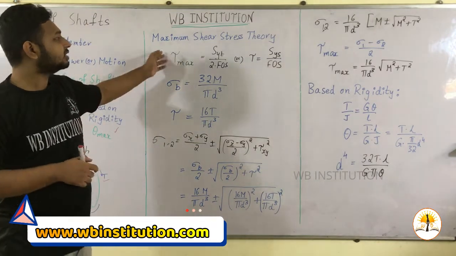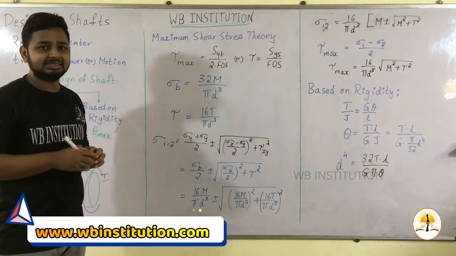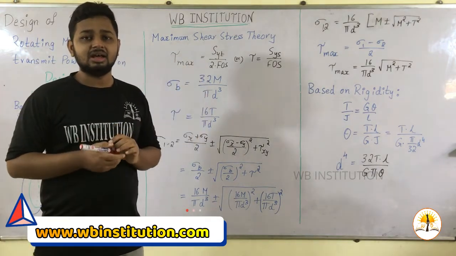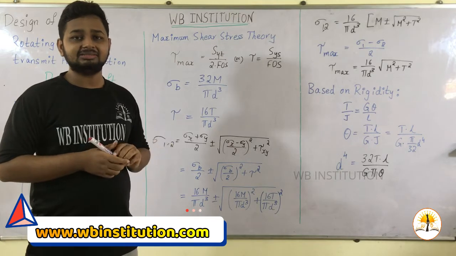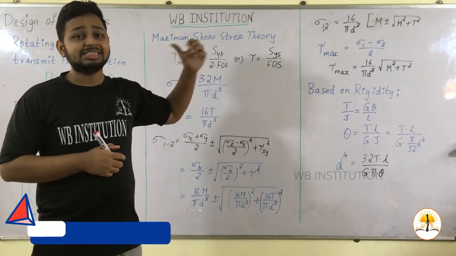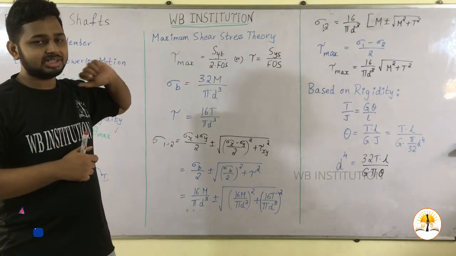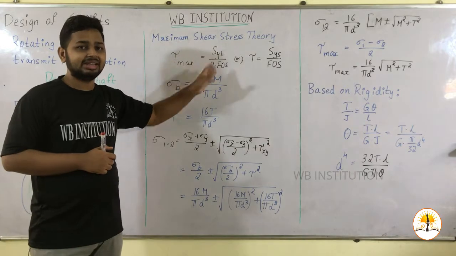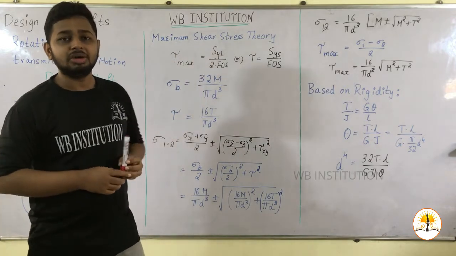Now, according to the maximum shear stress theory, the machine element will fail when the maximum shear stress equals the yield strength of the specimen, as we have seen in the theories of failure. That equation is given as tau max equal to Syt divided by 2 into FOS.